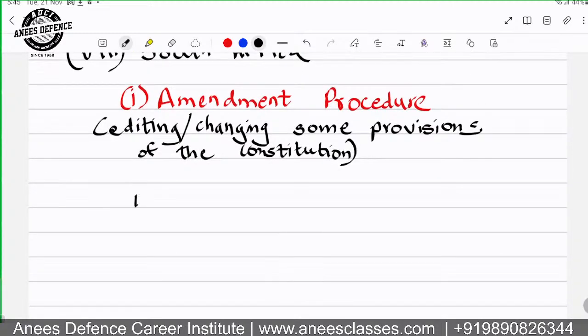Next thing we will see is, as I have already explained in the previous lectures, that the Rajya Sabha members are divided into two categories. One is nominated members, the other one is elected members.